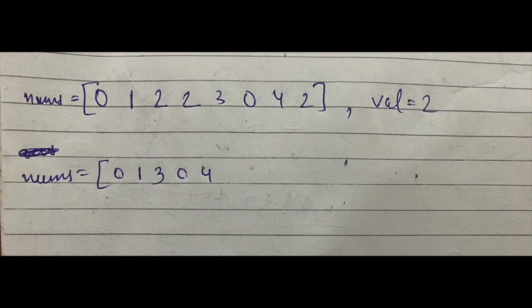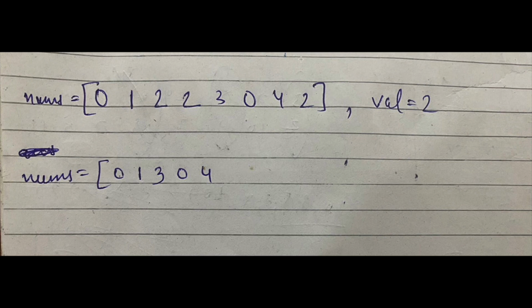Counter will be incremented to 4, and i will be incremented to 6. This 4 is not equal to 2, so again at the fourth position this 4 will be placed, and counter will be 5, and here i will be 7. This 2 is equal to 2, so nothing will happen here.